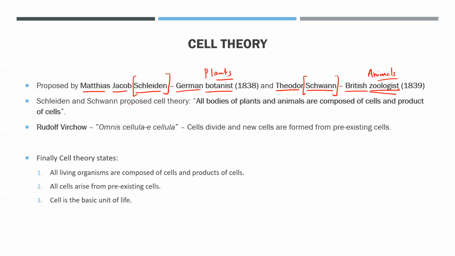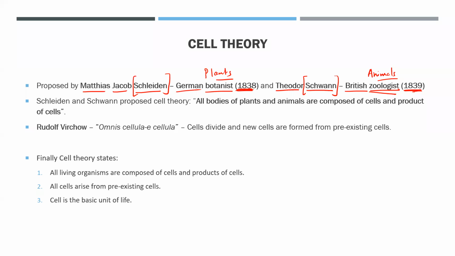Now, Schleiden and Schwann were working separately. As you can see, there's a difference in the years 1838 and 1839. So Schleiden was working on plants and Schwann was working on animals, and they both published their work separately. Schleiden said that I have discovered plant cells, and Schwann said that I have discovered animal cells.